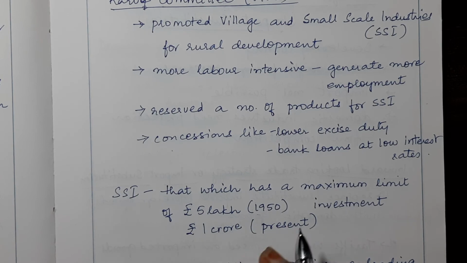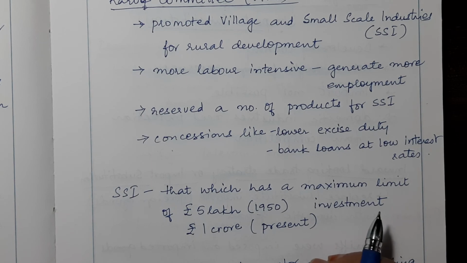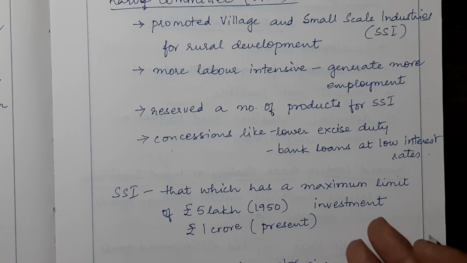So with reference to the maximum investment allowed on the assets of a unit, this limit has changed over a period of time. In 1950, a small scale industry unit invested only 5 lakh rupees, and today it is 1 crore rupees.